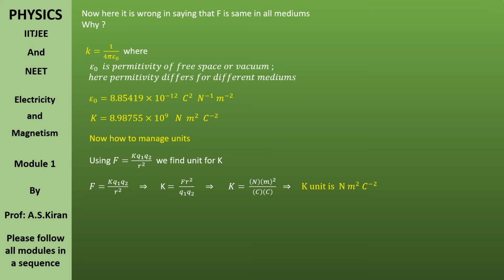Now, rearranging the terms, K is equals to F R square by Q1 Q2.